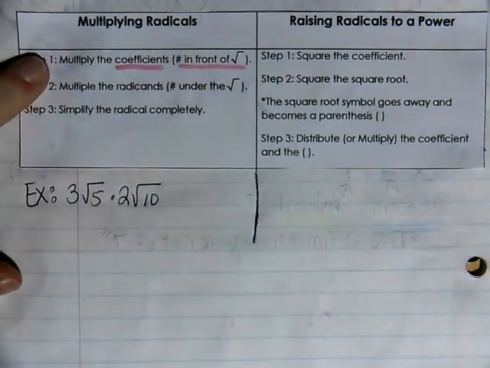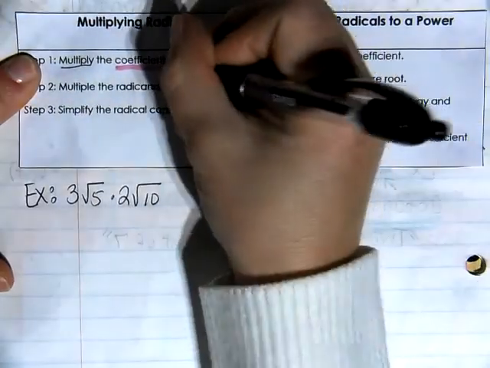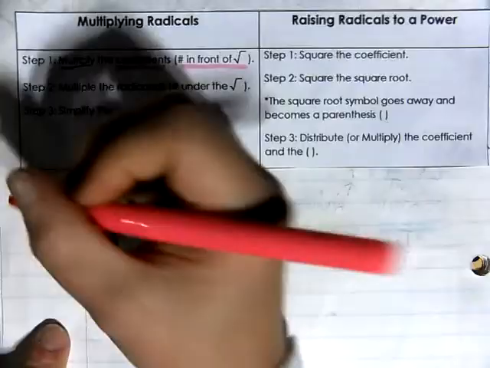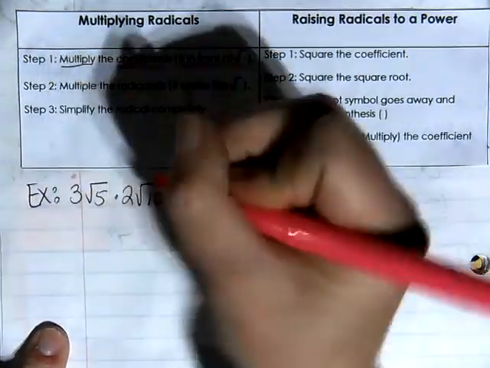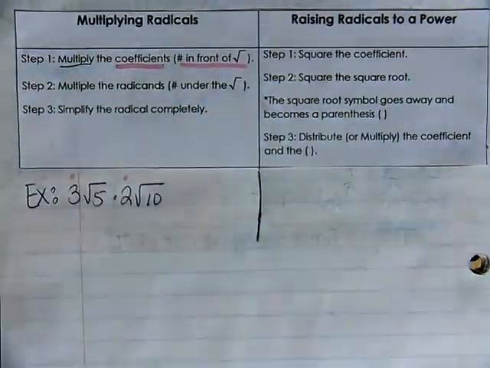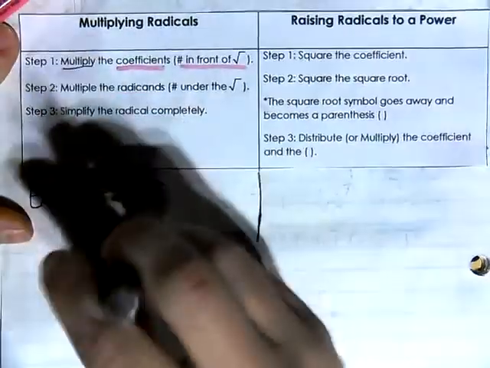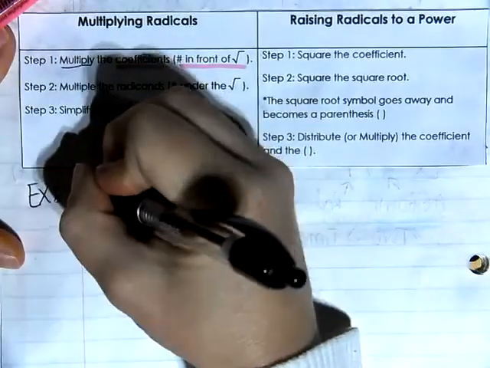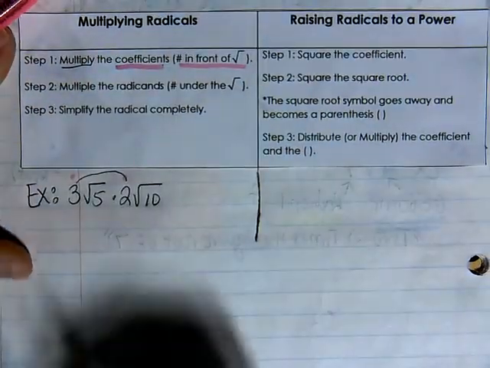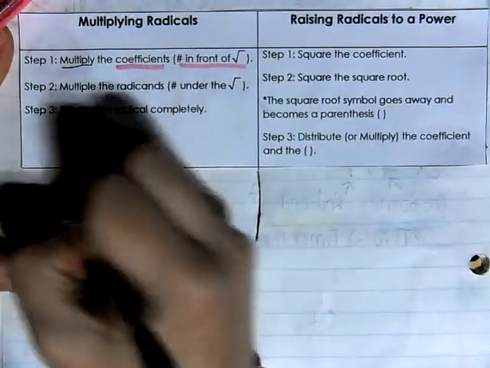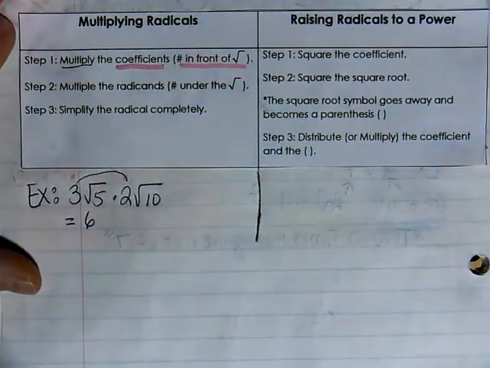So step one is to multiply the coefficients. My coefficients in this case are 3 and 2, and I'm going to multiply 3 times 2. 3 times 2 equals 6.